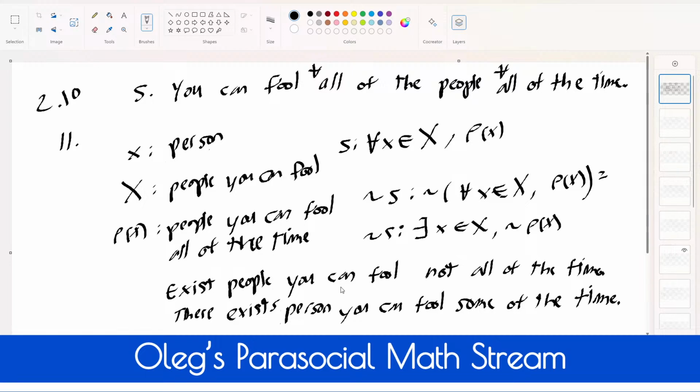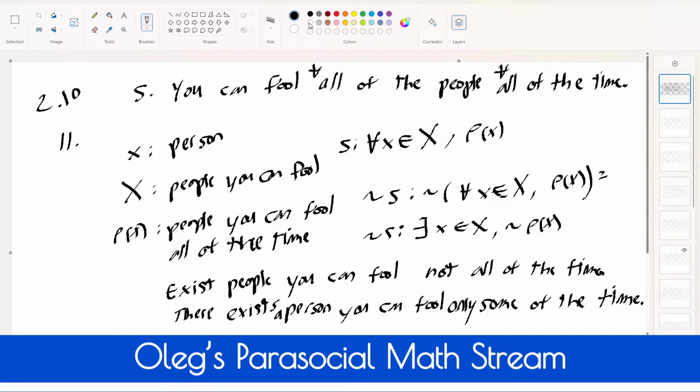And to emphasize the point, the emphasis here is, again, an English language thing. We want to emphasize what we're trying to get at so that the meaning isn't lost. So I'm going to add the word only. There exists a person you can fool only some of the time.